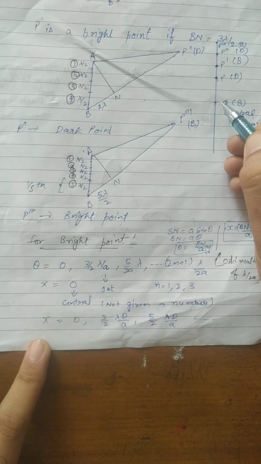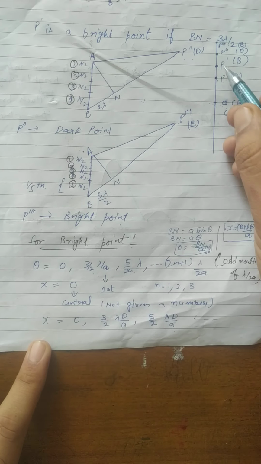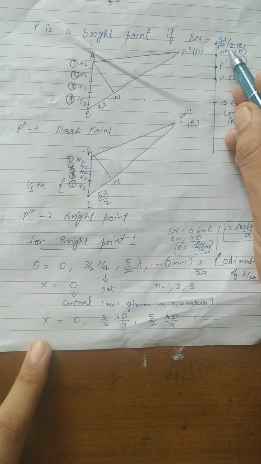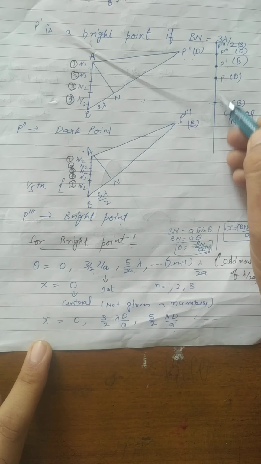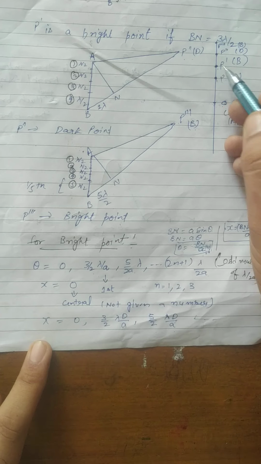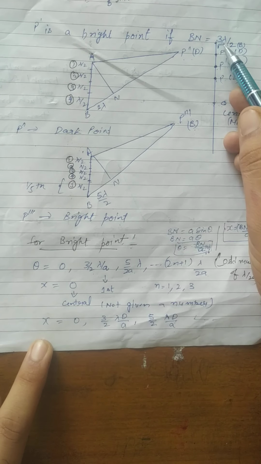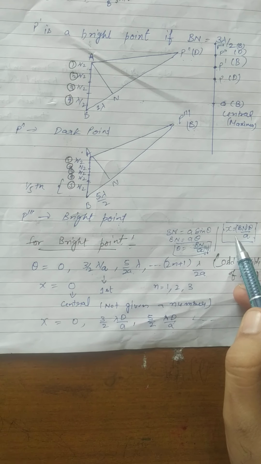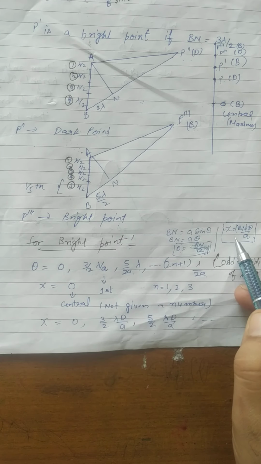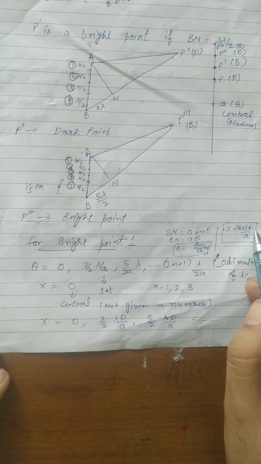Similarly, what is the distance from the central point for each, like P dash, how much is the difference, P triple dash, how much is the difference, from 0 to P dash, the first bright point, then from 0 to P triple dash, the distance of the second point. How do we find this? We use the formula that we have discussed in the previous class: x is equal to bn into D by a.